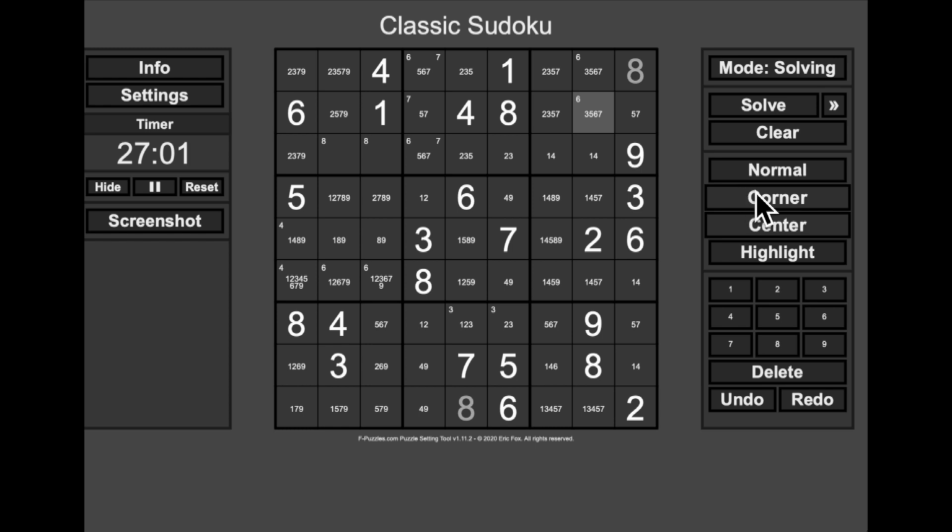This, in fact, is the only place for 6 in this box. Whoops. No, that's not 6. Yeah, this 6 actually ruled out that being a 6. See, that's a 1, 4 pair, so that can't be a 6. The 6 rules that out.